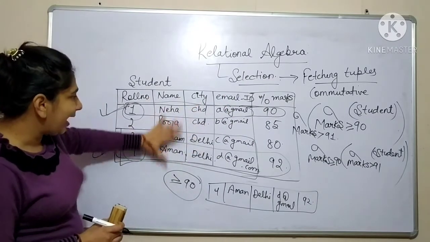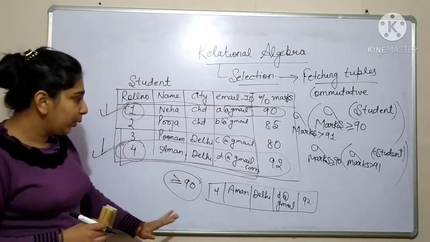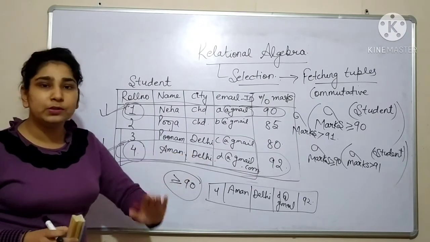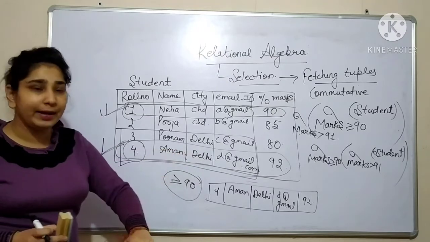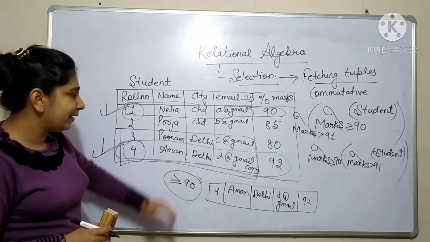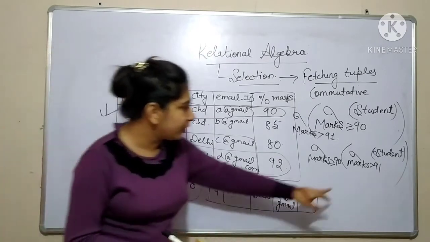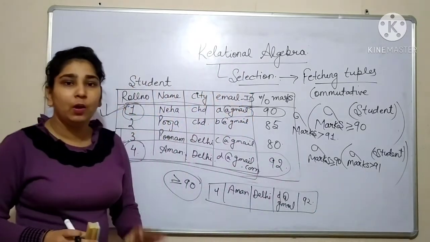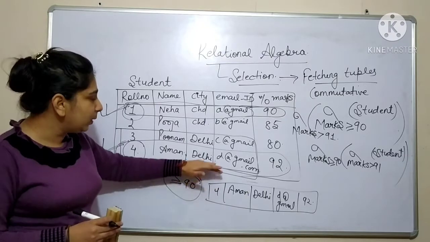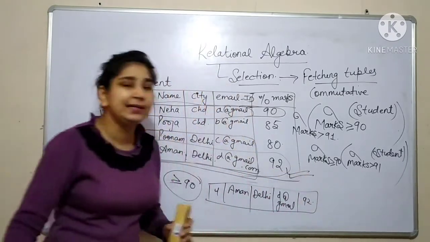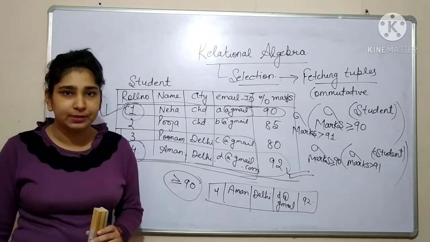If you look at the complete table, we have only this row, this student whose marks is greater than 91. Okay, so after performing this operation, what tuple will I be getting in my output? This row number 4. It is going to be my output.